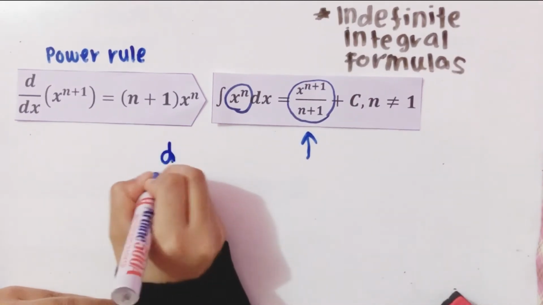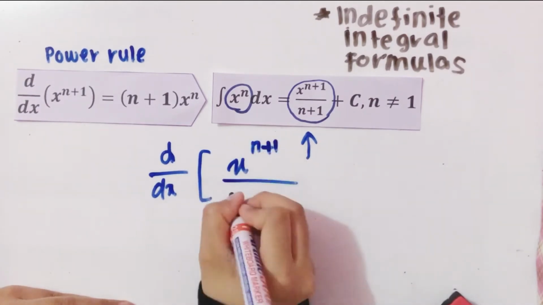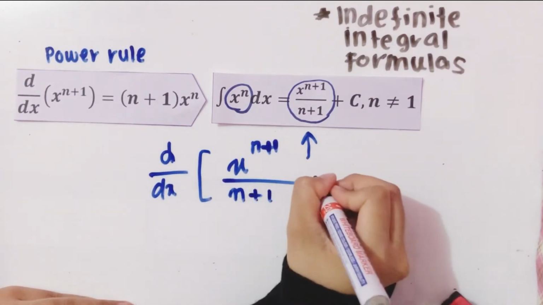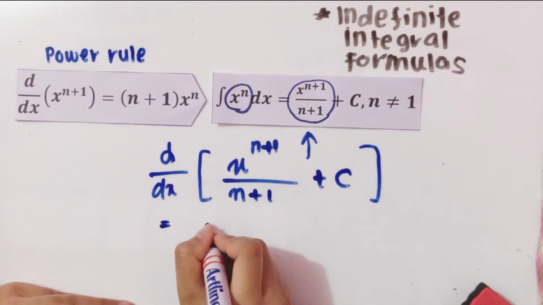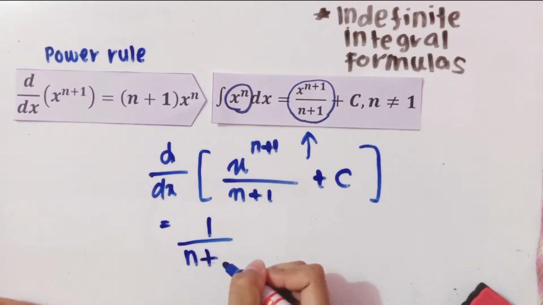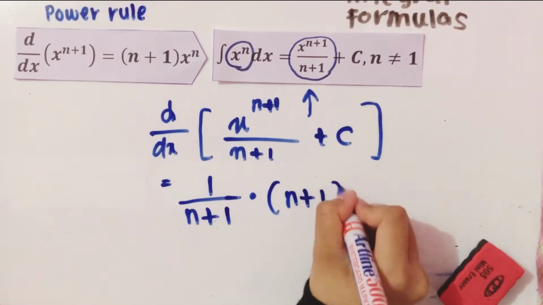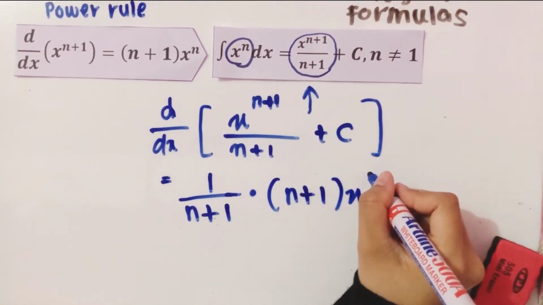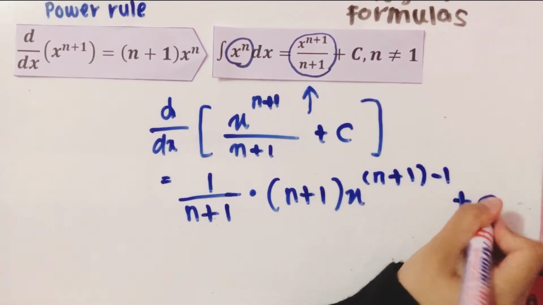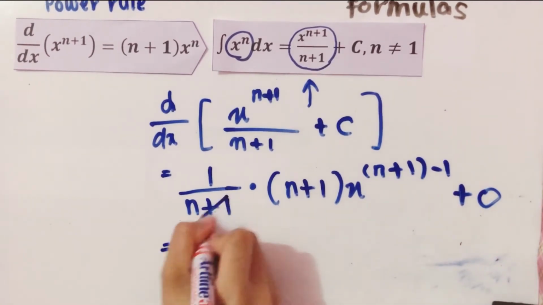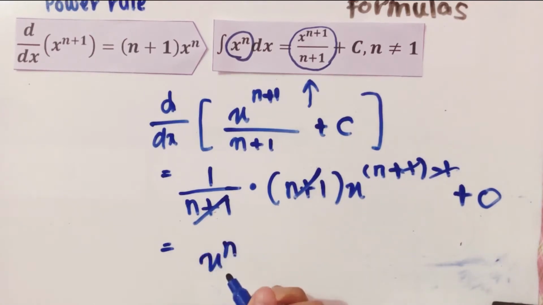We write d/dx of x to the power of n plus 1 divided by n plus 1, plus c, don't forget to add c, and it equals 1 over n plus 1, multiplied by the power n plus 1, x to the power of n plus 1 minus 1, plus 0. So we cancel the n plus 1 terms, and we have x to the power of n.